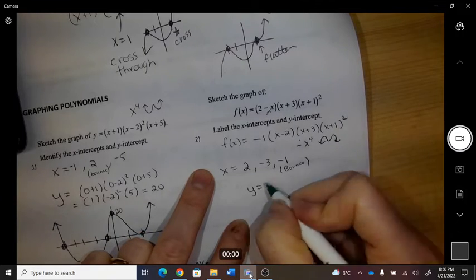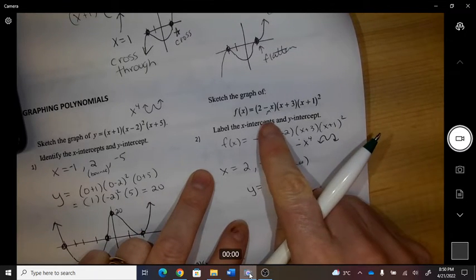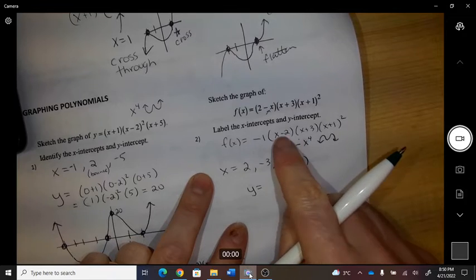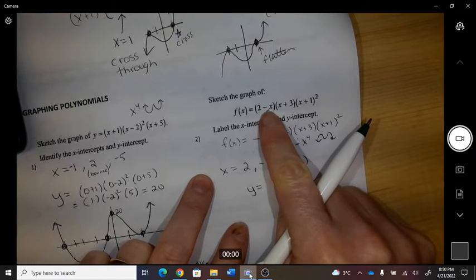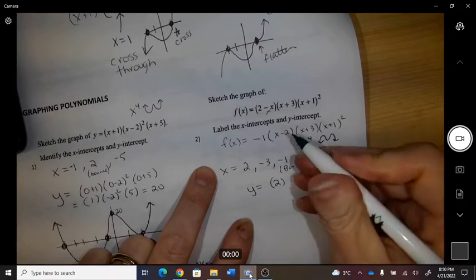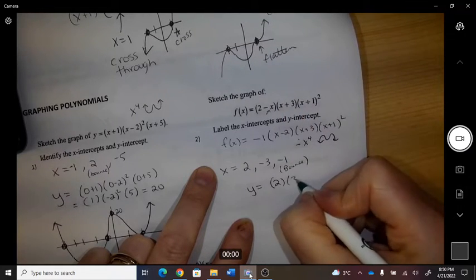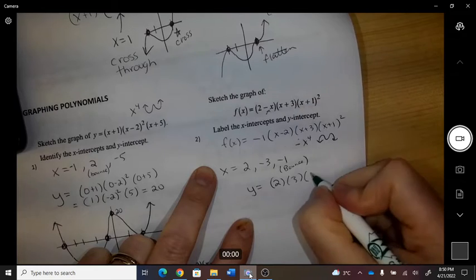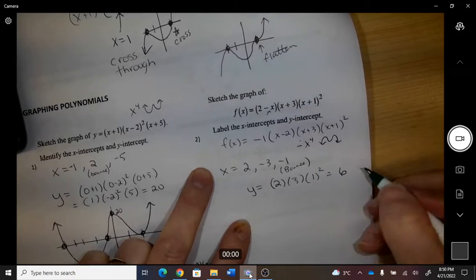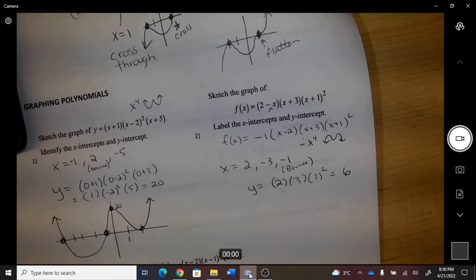And the y-intercept, so if x was 0, this bracket would be 2. This bracket would be 3. And then this bracket would be 1 squared, which ends up being 6.